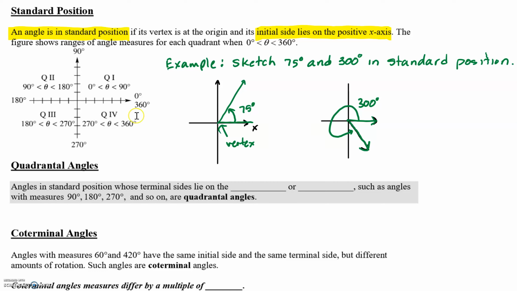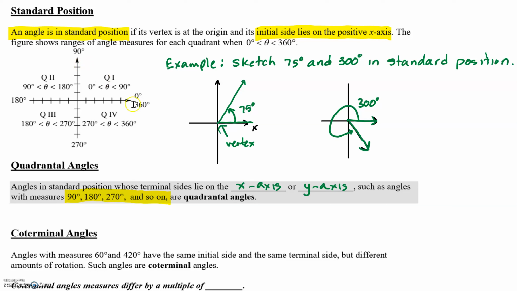Now, if your angles land right on 90 degrees, 180 degrees, 270 degrees, and 360, those are called quadrantal angles. So let's look at that next. Angles in standard position whose terminal side lies on the x-axis or y-axis, such as angles measuring 90, 180, 270, and so on, are quadrantal angles.